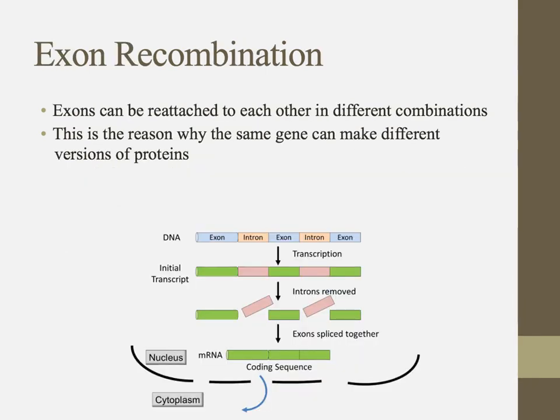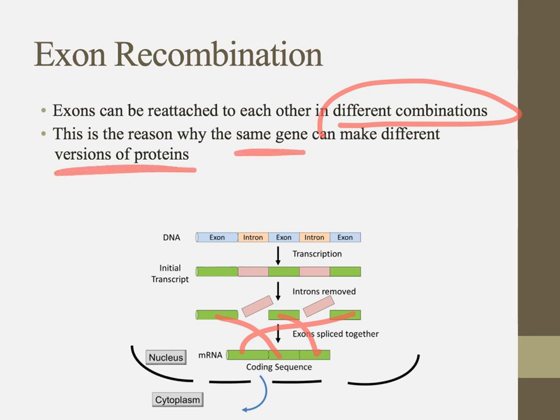Now, I'm really about to blow your mind here, okay? Because these exons that we have don't necessarily have to be spliced together in the same sequence. Those spliceosomes have the ability to rearrange them if necessary. So I could splice together those exons in different combinations or different sequences. And this is one of the reasons why the same gene can make many different versions of proteins.